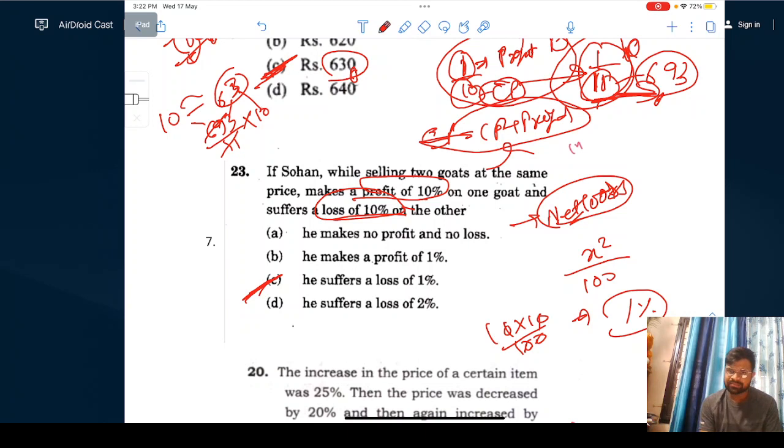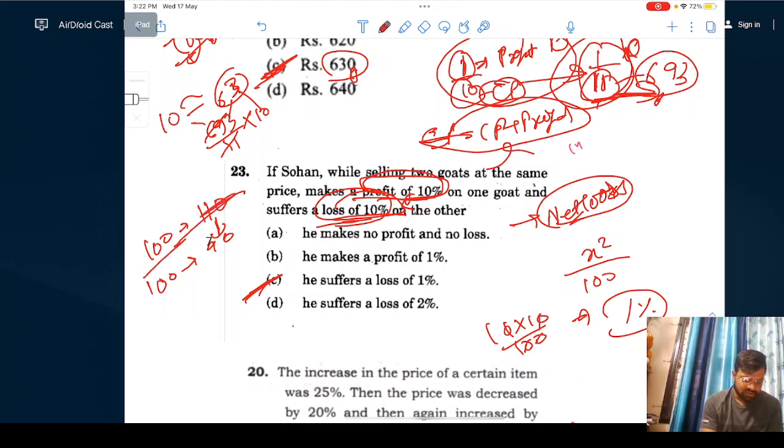You can check it by assumption also. This is your homework. Just think that the price of one goat is 100 and it is sold at 110. The price of another goat is also 100, and it is sold at 90 rupees. On one he is making a profit of 10%, on another a loss of 10%.